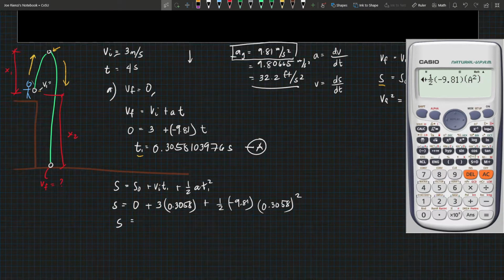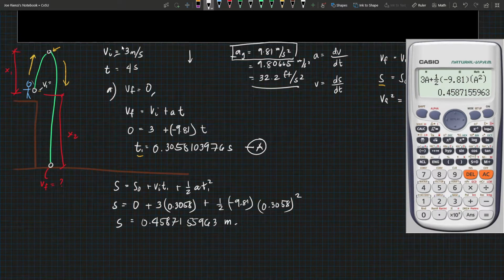So, yan, na-solve natin na yung total distance travel niya is 0.45871555963 meters. So, yun yung na-travel niya. So, pwede natin sabihin na yun yung highest point, yung highest point from the top of the building na naabot ng bola.